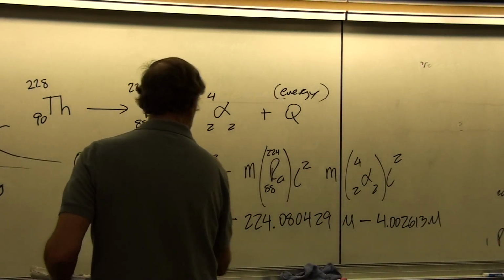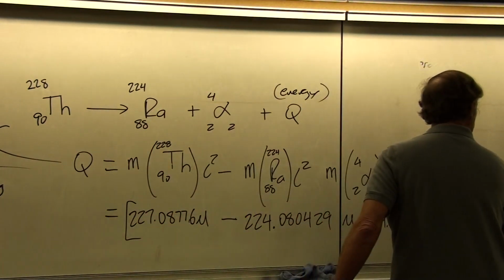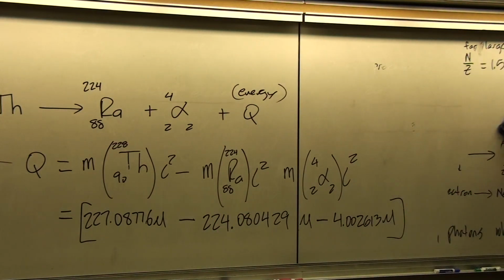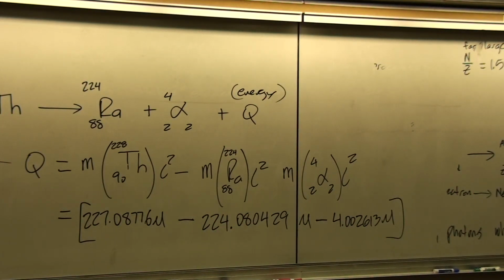And then this is all multiplied by c squared. Remember that we're using the equivalent form for c squared, which is 931.5 MeV per mu.